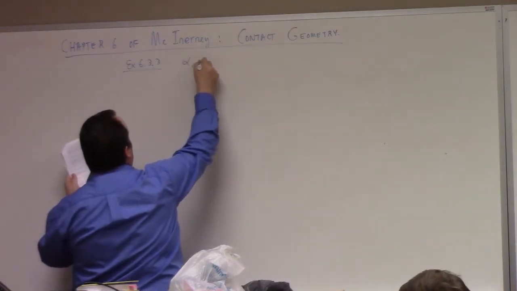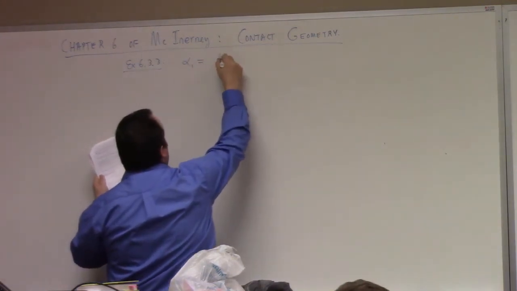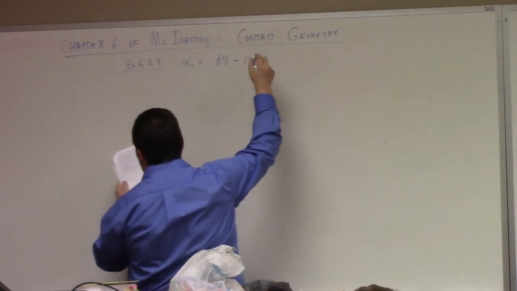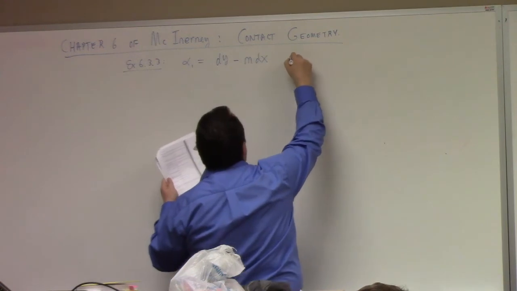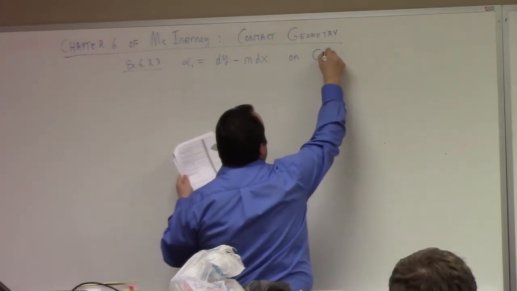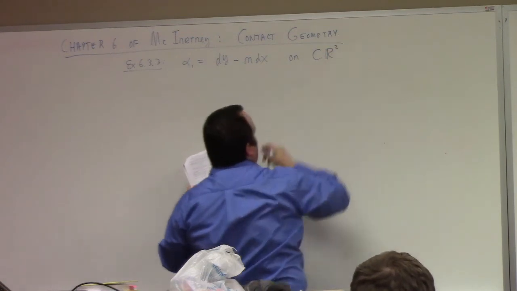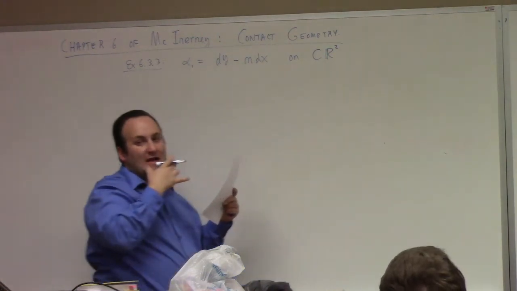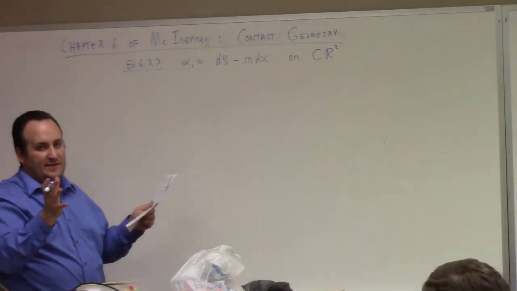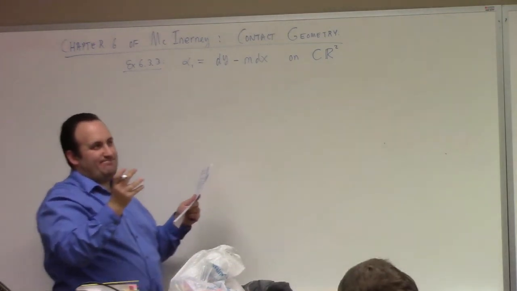Alpha 1 equals dy minus m dx. Now here, this is on what he calls CR2. So CR2 is the space of contact elements over R2.